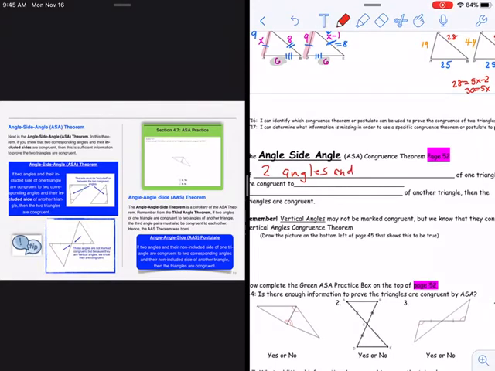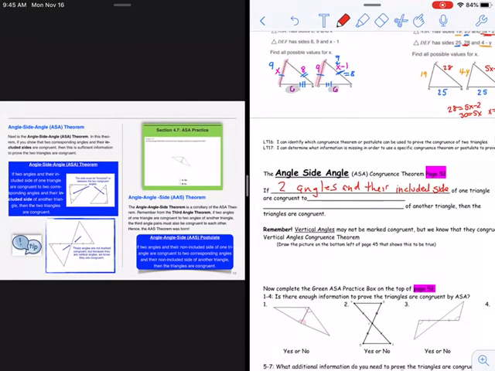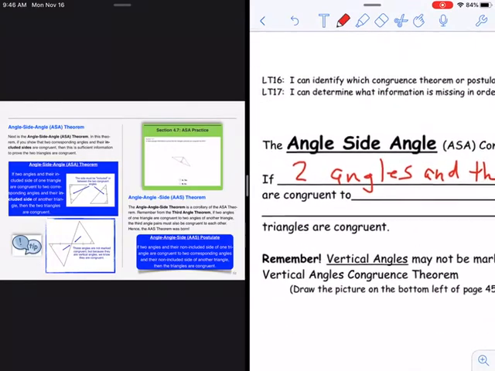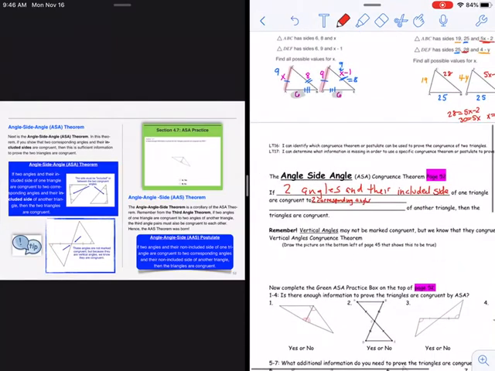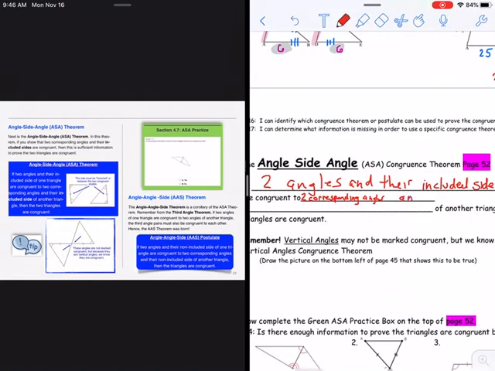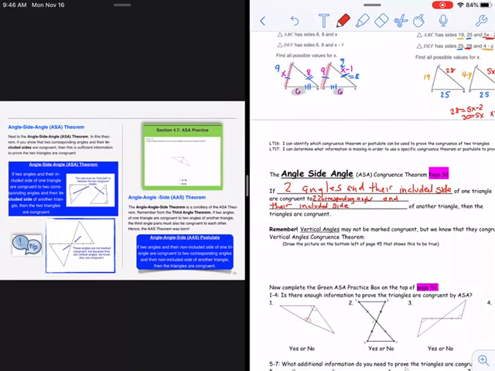If two angles and their included side, we'll talk about what this means in a bit, of one triangle are congruent to two corresponding angles and their included side of another triangle, then the triangles are congruent.